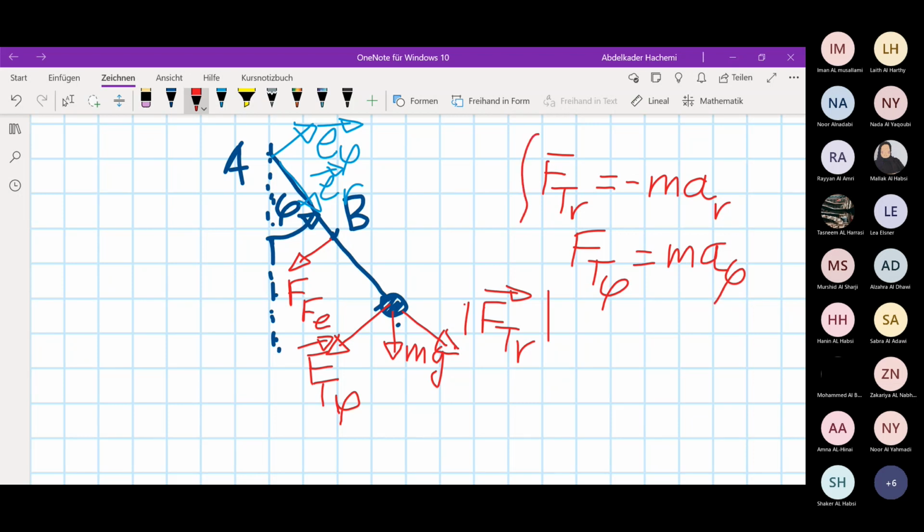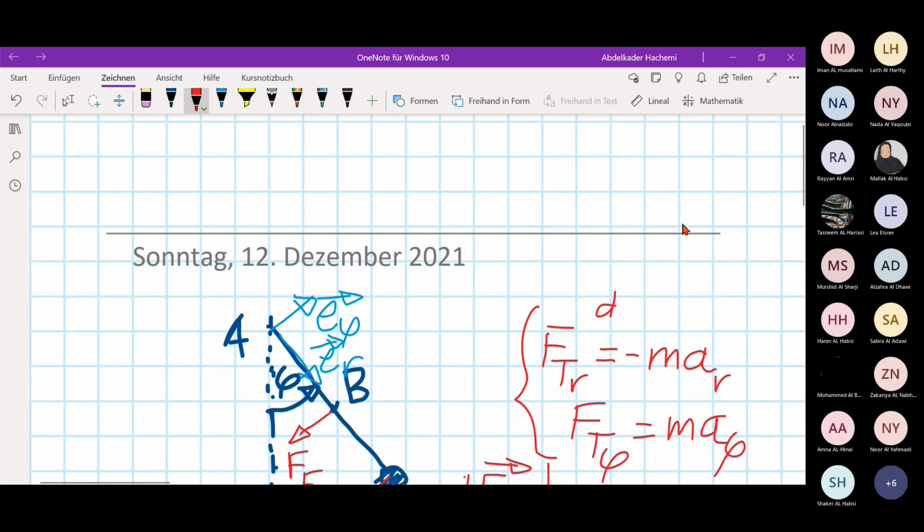These two I write here as D'Alembert, for simplification, so that you know that they are the inertia forces, D'Alembert forces.